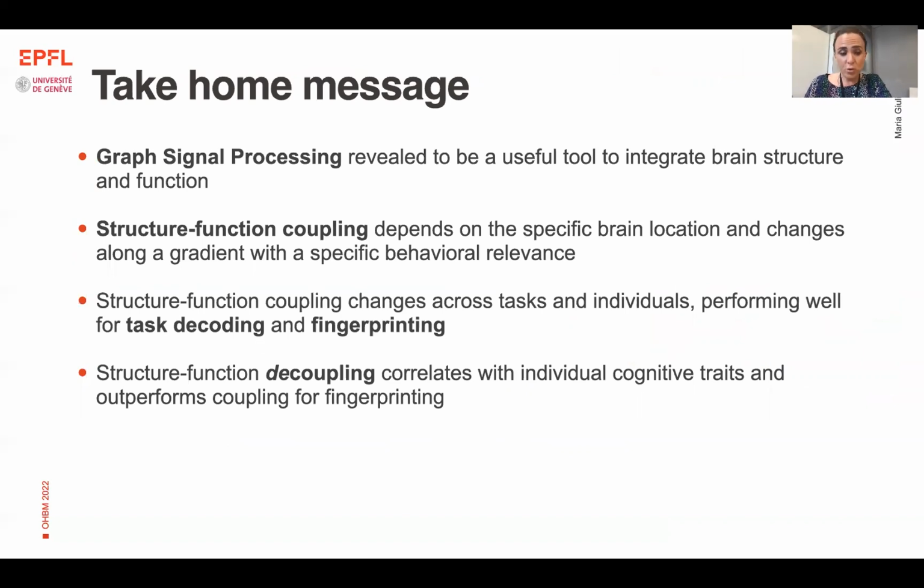Then what we showed more recently is that structure function coupling also changes across tasks and individuals. So it performs very well for task decoding and fingerprinting, and in particular it is the decoupling that was shown to be particularly important for fingerprinting, being also correlated to individual cognitive traits.